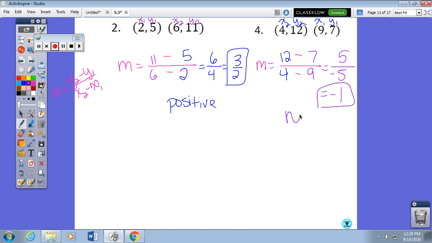That's going to be negative. You would have still gotten the same answer if you would have done 4, 12 being x1, y1. It doesn't matter which order you put them in. It's going to change where your negative's at, on the top or bottom, but it doesn't matter.